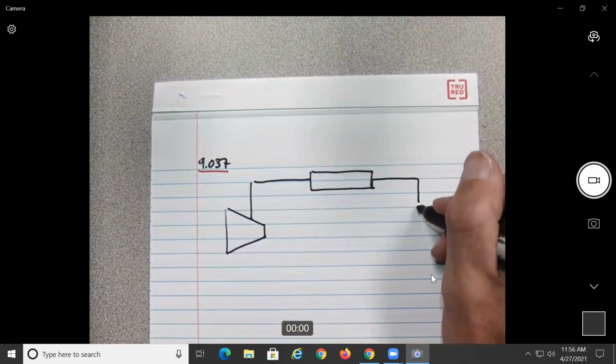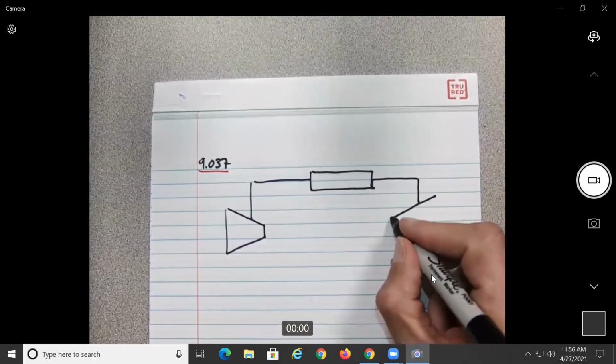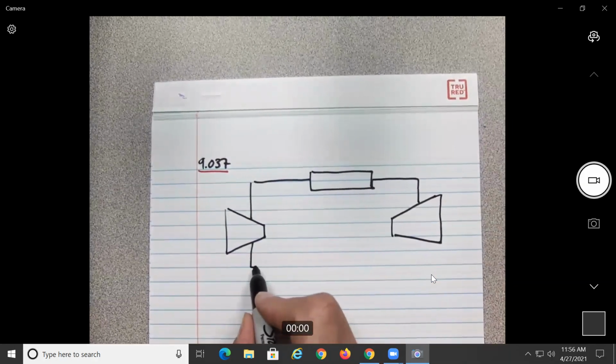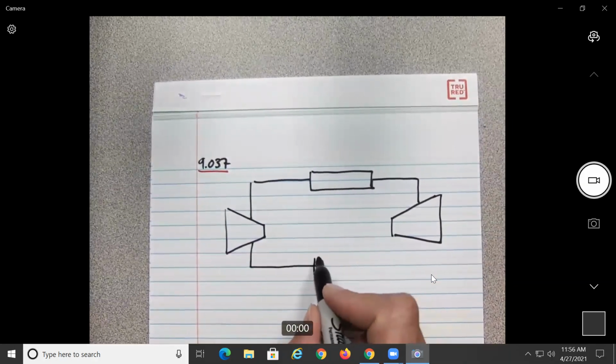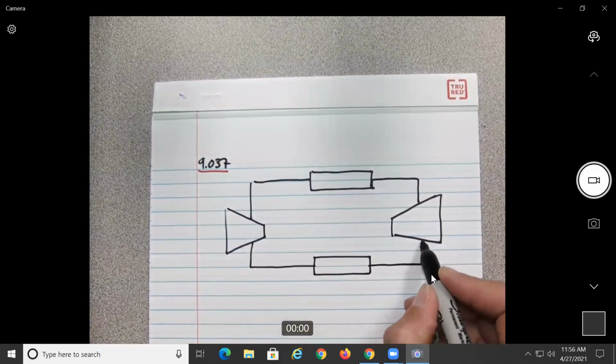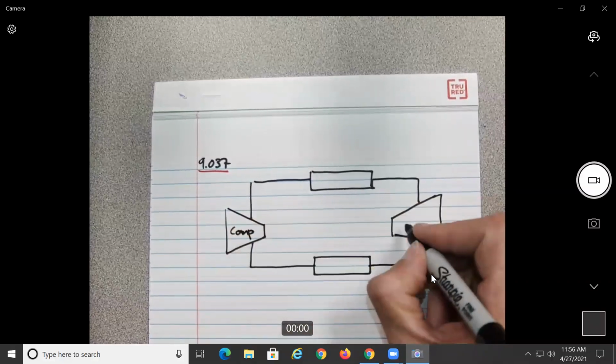Now we're going to come here to a turbine. And this will be now another compression here. So compressor, turbine.